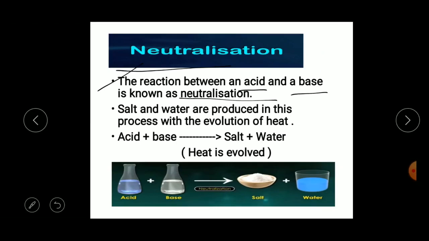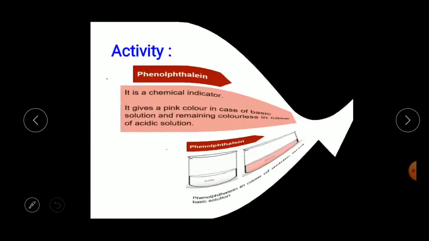After the neutralization, it produces salt and water with the evolution of heat. When we mix acid and base, it produces a salt and water with the evolution of heat. Understood?